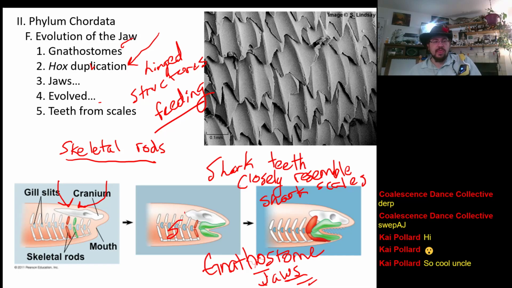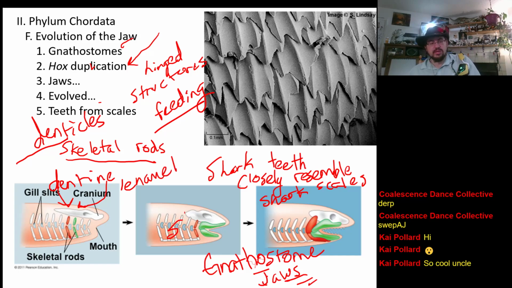So much so that we refer to them as denticles. You might be aware that dent is generally a word related to teeth. These shark scales actually have the protein dentine on them, and they even have enamel covering them. So shark scales are extremely close to the structure of a tooth. It's really cool.